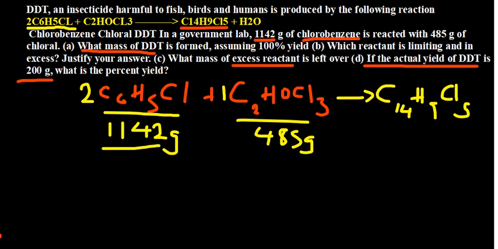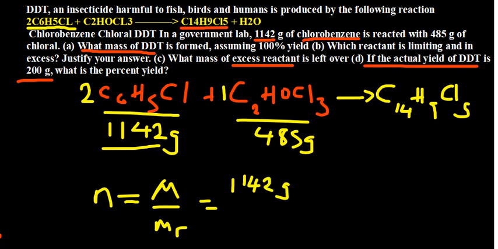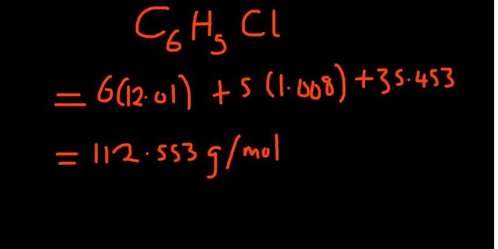How do I determine the number of moles? We know that the number of moles is given by mass divided by the molar mass. We've been given the mass to be 142, so we need to divide by the molar mass. We've been given a formula, which is C6H5Cl. That's how you determine the molar mass.